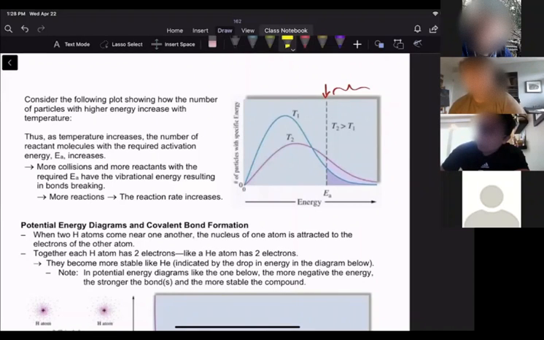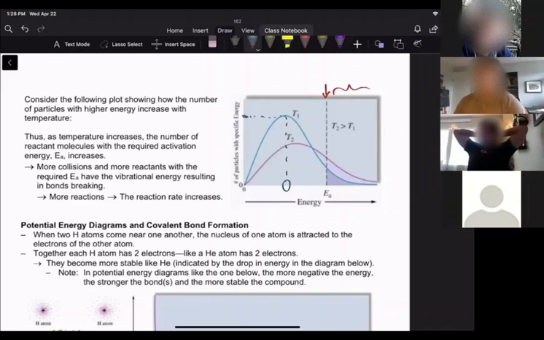So as the temperature increases, we take that blue curve, it's a little taller, right? So this means that, for example, this number of particles are moving this fast, right? This energy, this number of particles. So we shift that curve to the higher energies, to the higher kinetic energy, higher speeds, essentially.